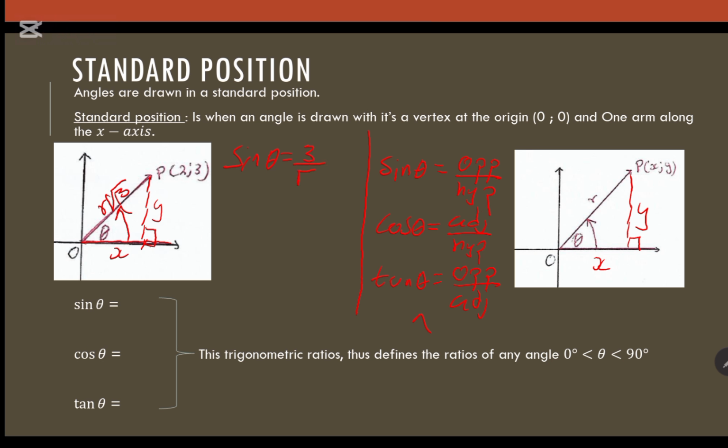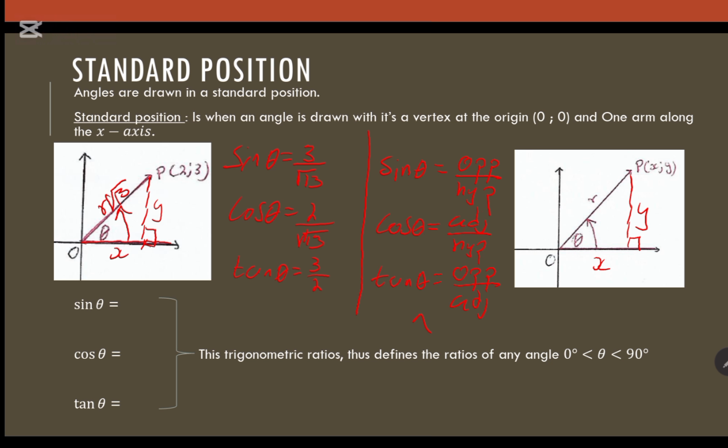That is 3 over root 13. And cos theta is equal to 2 over root 13. And the last one is tan theta is equal to 3 over 2.